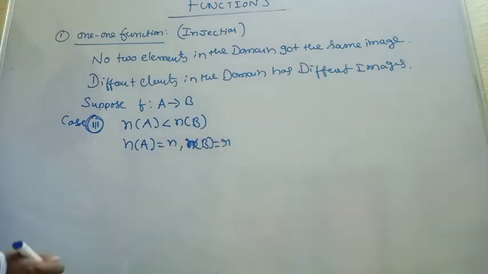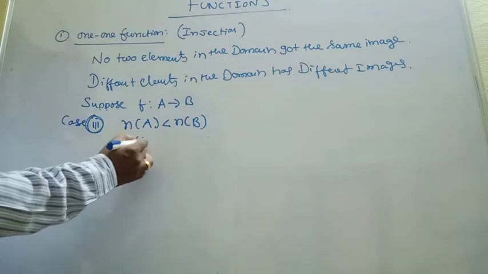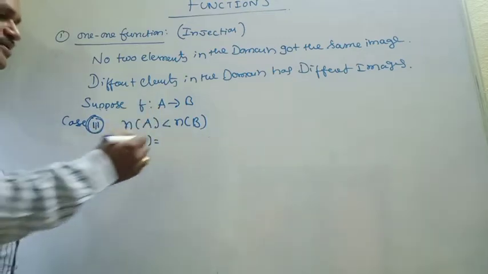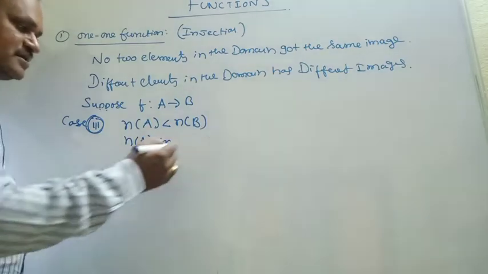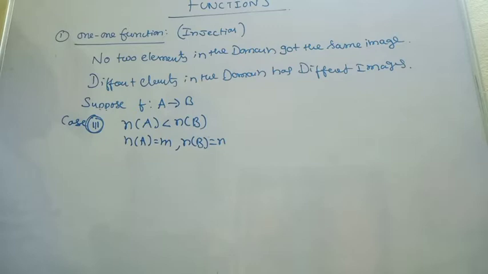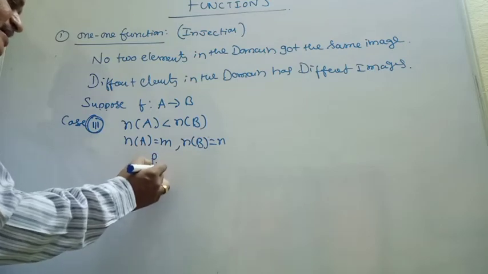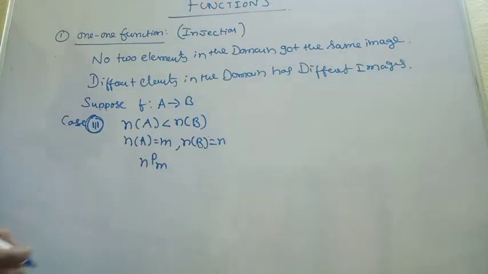Let us take n(A) equal to some m and n(B) equal to some n. Once we take it like this, the number of 1-1 functions is nPm.